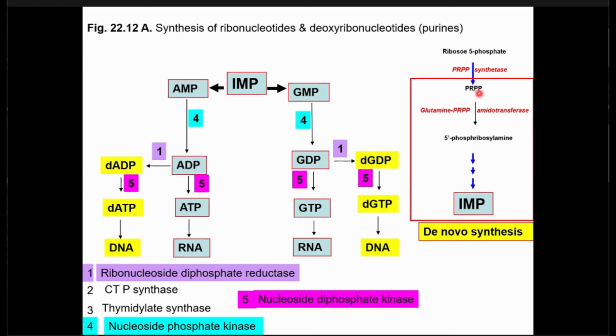Then from the PRPP, we end up with 5'-phosphoribosylamine. Then we went through a 9-step reaction to reach IMP, and from this IMP you get AMP and GMP, and from this monophosphate you get diphosphate, and as you know, you need triphosphate. The DNA or RNA are made up of triphosphate.